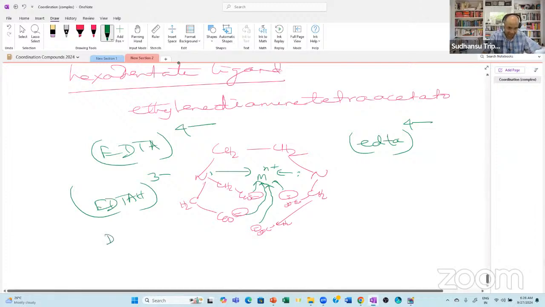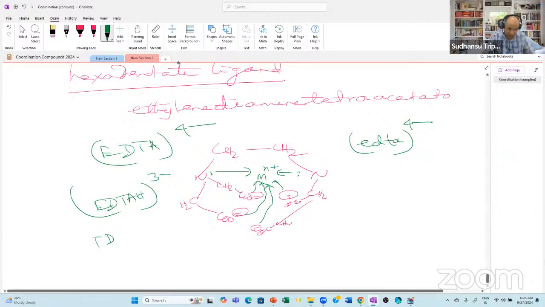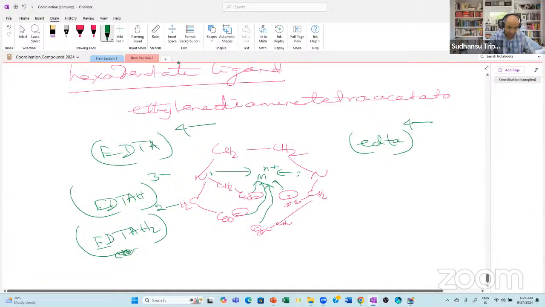Sometimes it uses only 4 donors, so the other 2 remain in the neutral form, EDTA H2, 2 minus. So the coordination number will be 6.